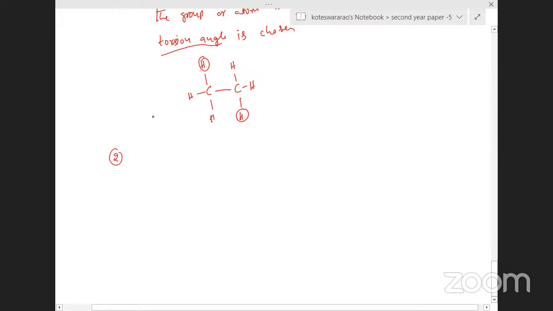Second guideline. In the first guideline, we have discussed 3 sub guidelines. The following prefixes and terms are used for the designation of conformers.